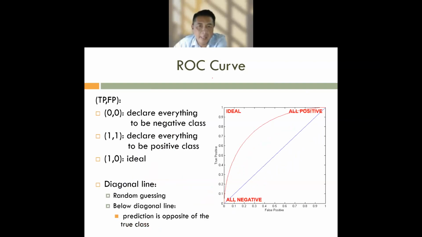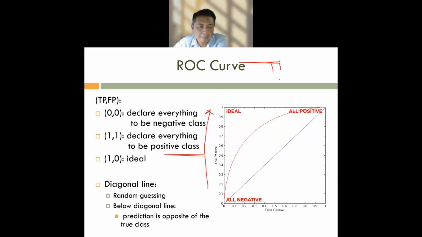Okay, so this is the ROC curve. This is the true positive, so we go up here. The true positive is going to 1, meaning that you want to get your true positive to be 1.